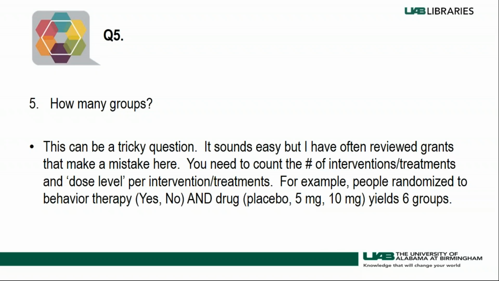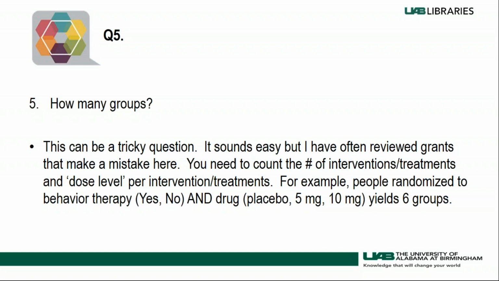I had a study in the VA where we wanted to demonstrate that the combination of behavior and drug was better than behavior alone or drug alone. As we were fleshing it out, the debate was how many groups we were going to have. I argued, and we got it funded and published, and everybody's very happy, that you have 6 groups.